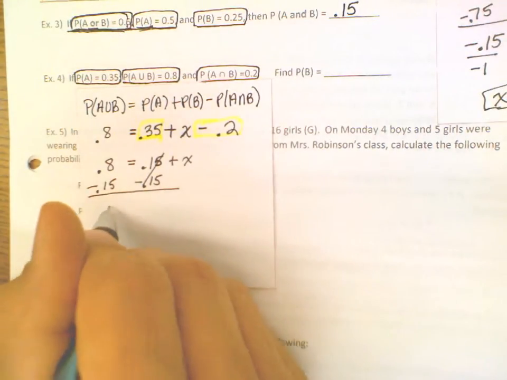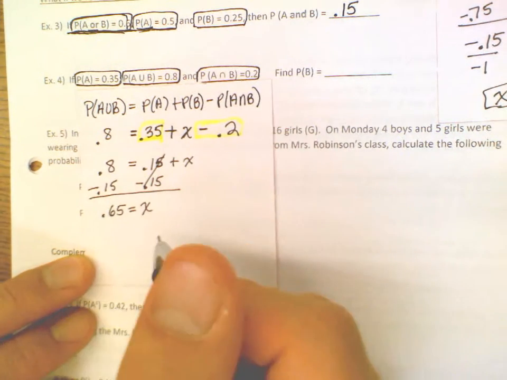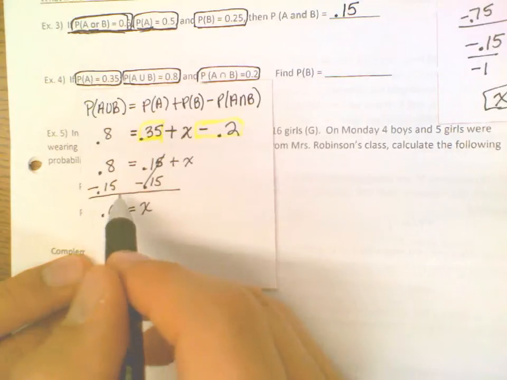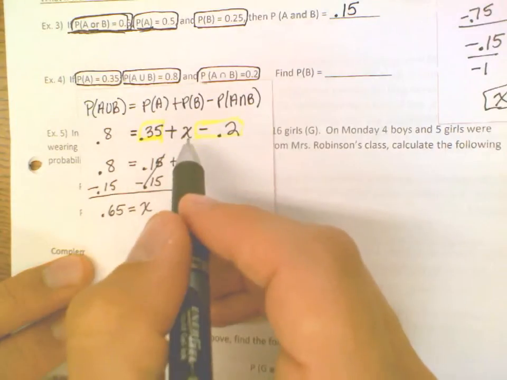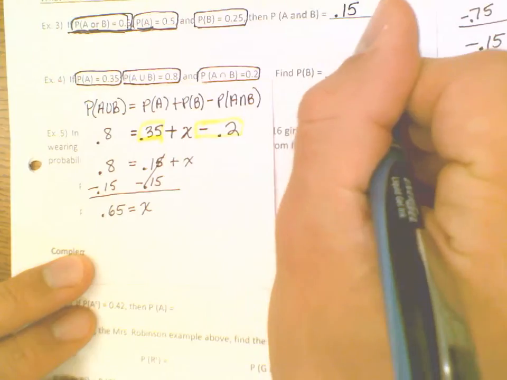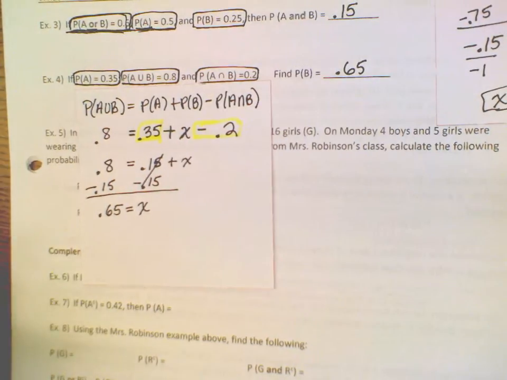So this will give you 0.65 on the left-hand side, but on the right-hand side it's x. So what is our final answer? X represents the probability of B, so yeah, you're absolutely right. 0.65 is equal to the probability of B.